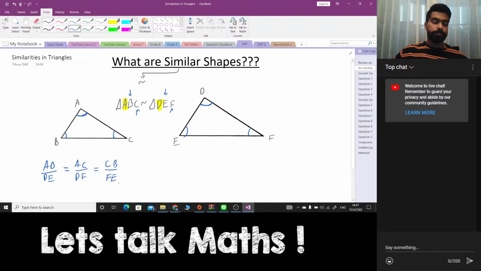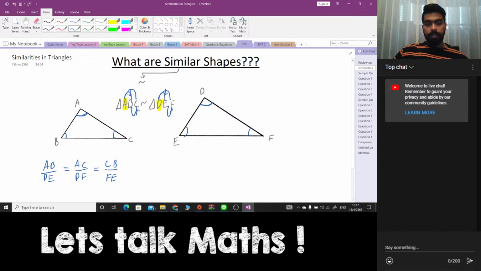All right, guys. So let's think about it this way. AB over DE will be equal to AC over DF, right? And this will be equal to CB over FE.